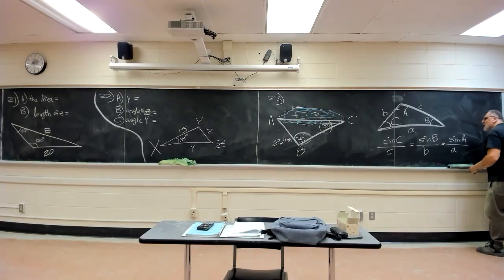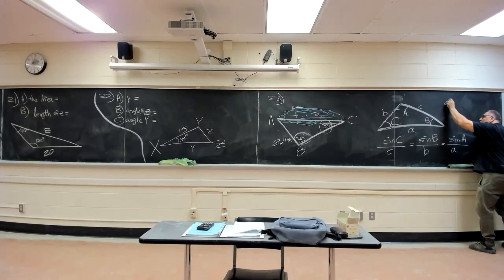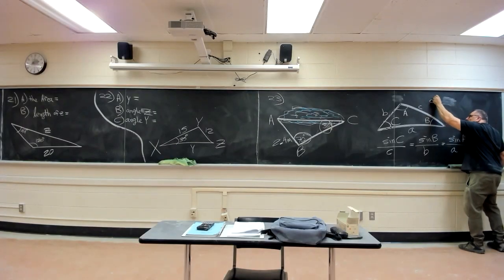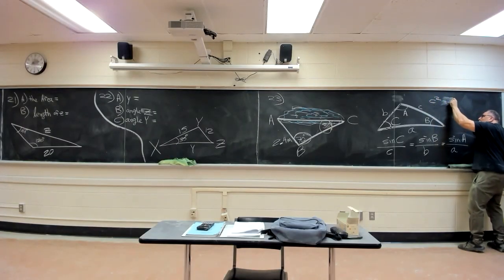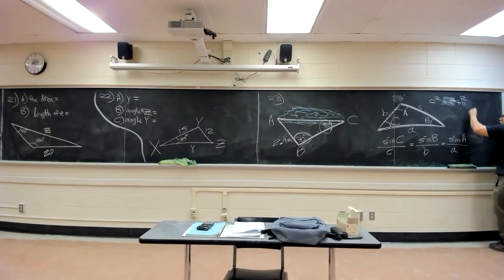Additionally, if you wanted to find, let's say, c squared, maybe make it look a little bit like the Pythagorean theorem. It's proved using the Pythagorean theorem. c squared equals a squared plus b squared, even if it's not a right triangle, as long as you go minus 2ab.